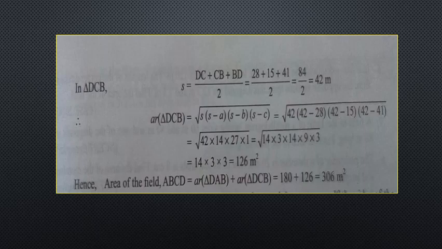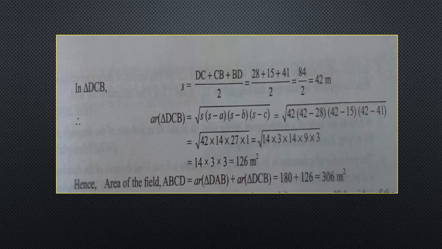That is equal to square root of 14 into 3 into 14 into 9 into 3. Here we are finding the prime factors for the numbers 42, 14 and 27. 42 can be split into 14 into 3, and 27 can be split into 9 into 3.